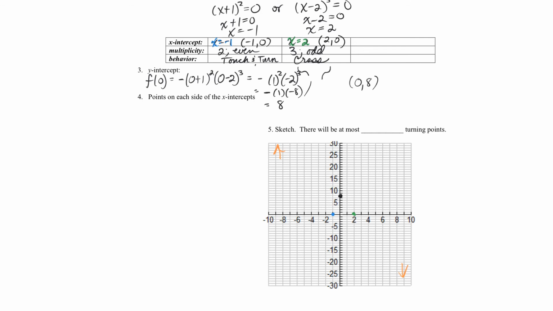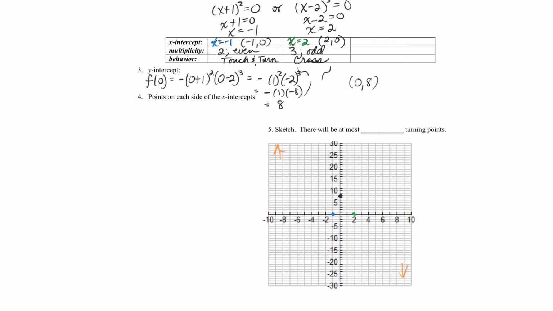So now I just need a couple more points, right? Because I need points on each side of my x-intercepts. So I'm going to pick one to the left of negative 1. Let's pick negative 2. I'm going to pick another one between negative 1 and positive 2. Even though I do have my y-intercept, I'm going to pick one just so that I can see if it goes up some more or if it comes down here, right? And then I'm going to pick one over here at 3.